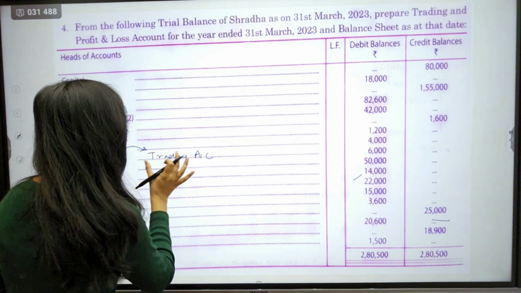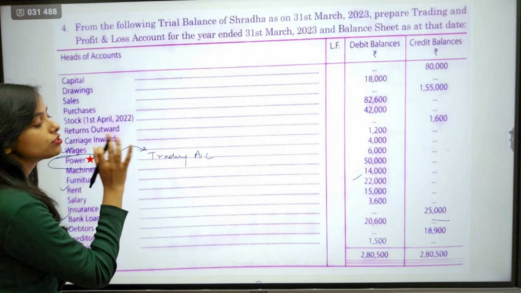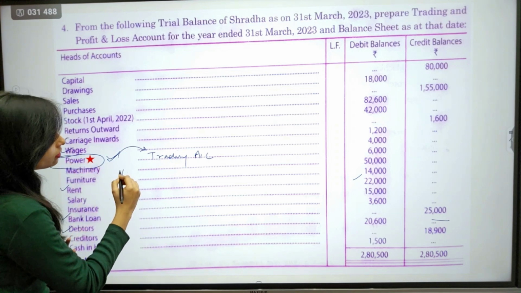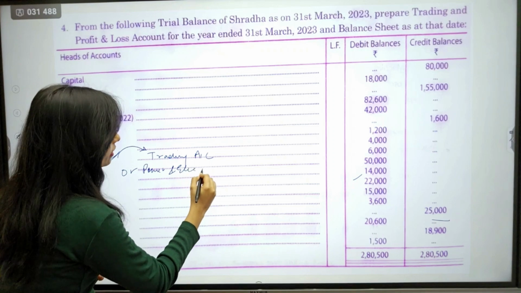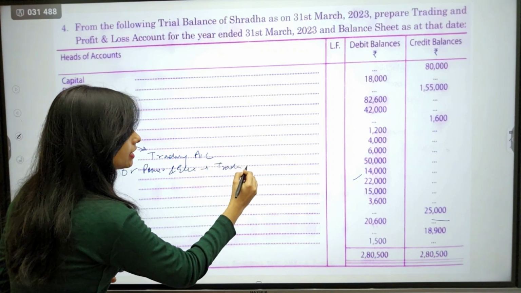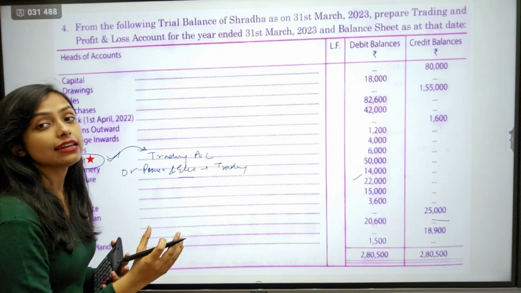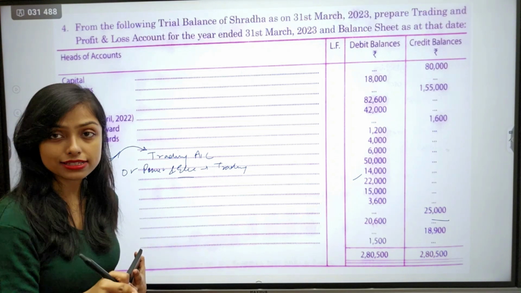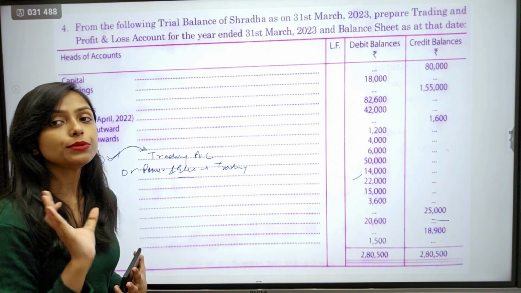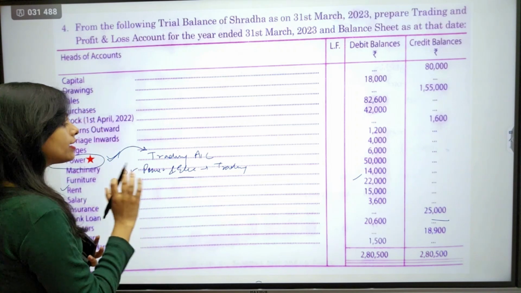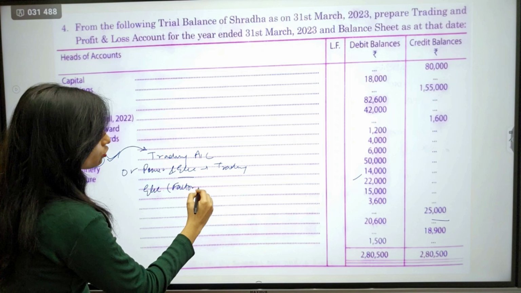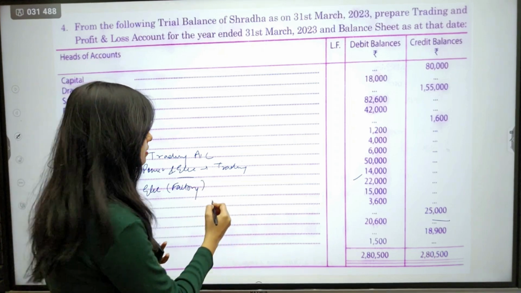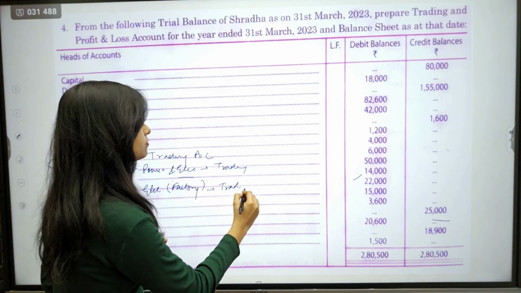So you already assume that this belongs to the trading account. Or if you get power and electricity, then also it is trading account. But if you get only electricity, then assume it as office expense and you are going to write it in the PL account. Or if ever you get electricity and in brackets there is factory, then obviously it is trading account, you know it. Trading account.